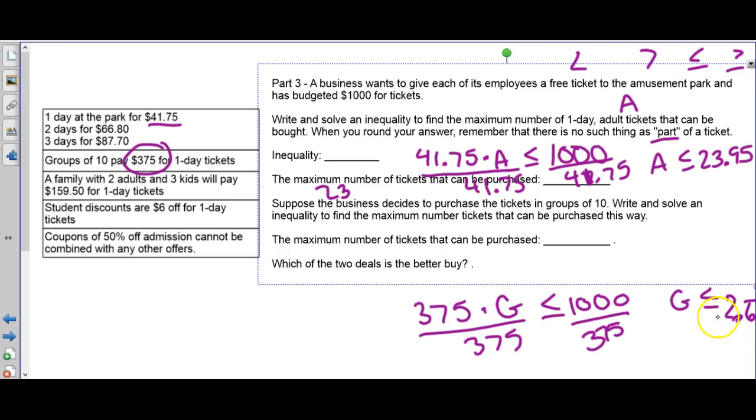So since you can only buy 2 groups and they're groups of 10, you can only buy a maximum of 20 tickets. So the best deal would actually be to buy them individually. Again, on the actual assignment, double check to see which one is the best deal. It may not work this way since I am using different numbers.